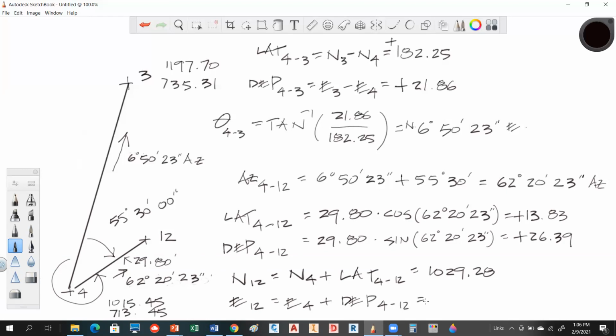Okay, so that gives us 713, 45, plus the departure of 2639, 739, 84. There's my northing, there's my easting. That's what we're after.